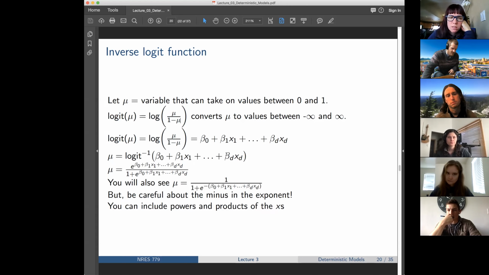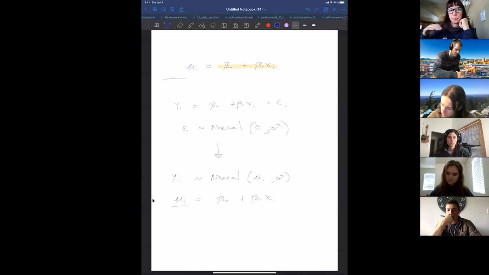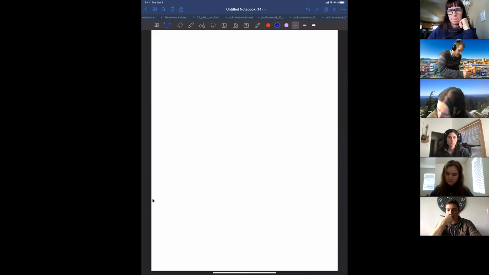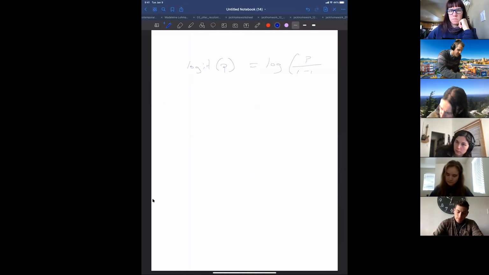So let me give a couple of examples on the whiteboard. Logit of p equals the log of p over 1 minus p.